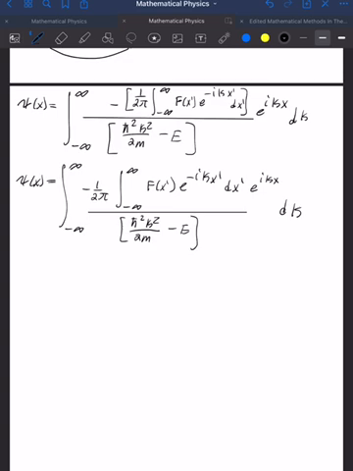Notice that what we can do is move this exponential inside here. And the reason we can do that is because we're integrating with respect to dx prime here.